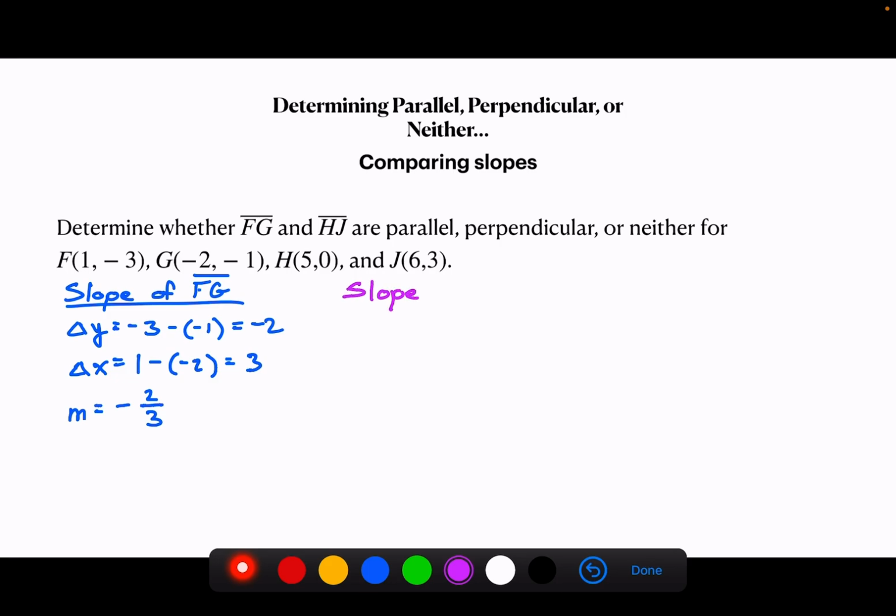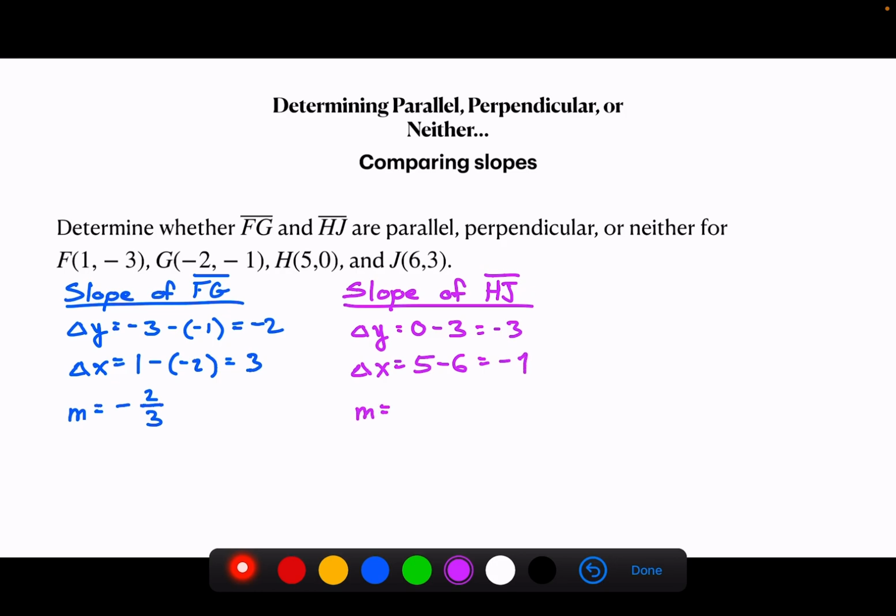Now we have the slope of HJ. The change in y is going to equal 0 minus 3. It's going to give us -3. The change in x is going to equal 5 minus 6. It's going to give us -1.